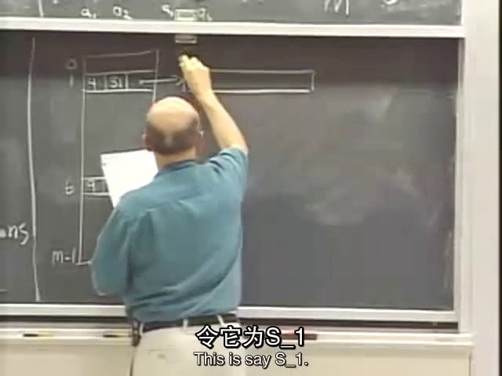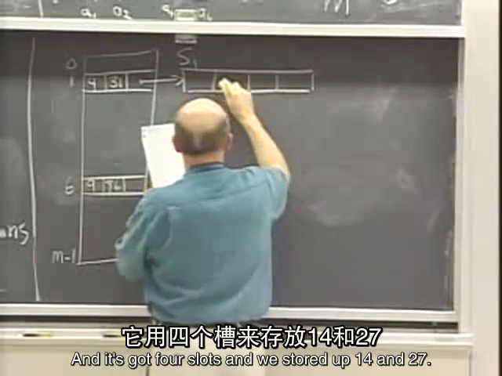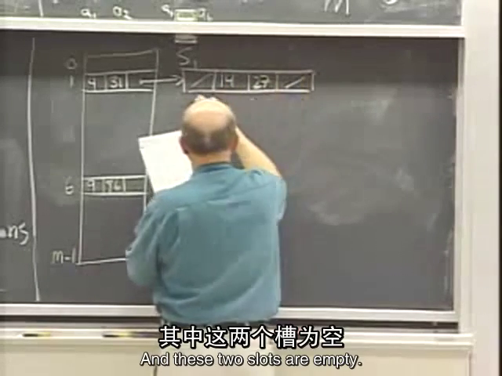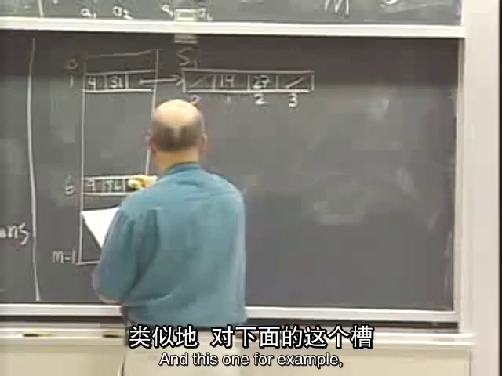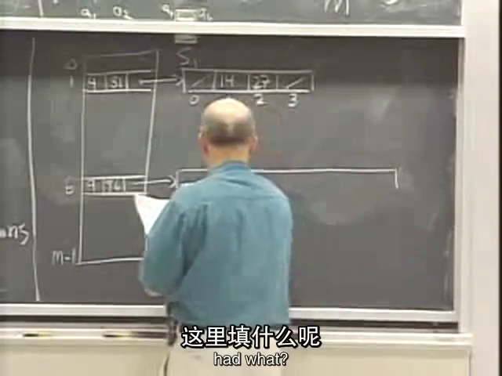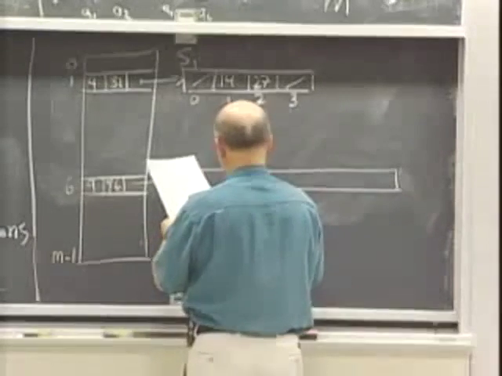So this is, say, S1. And it's got 4 slots. We stored a 14 and 27. And these 2 slots are empty. And this one, for example, had 9.